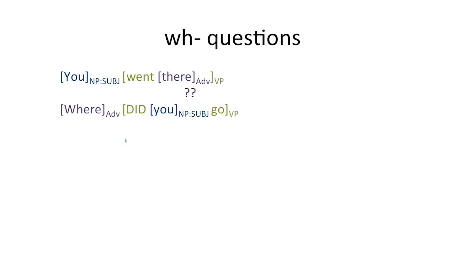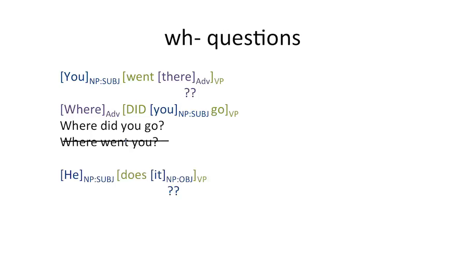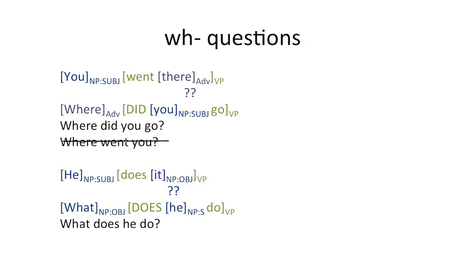We can't just move the main verb in front of the subject and say, where went you? And this is the case even if the main verb is actually do. We still have to put another do in. So to make a question from he does it, we put do in as an auxiliary to get what does he do. We can't just say what does he.